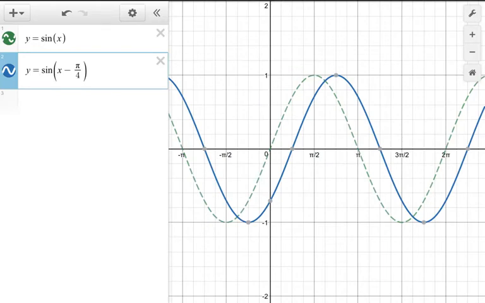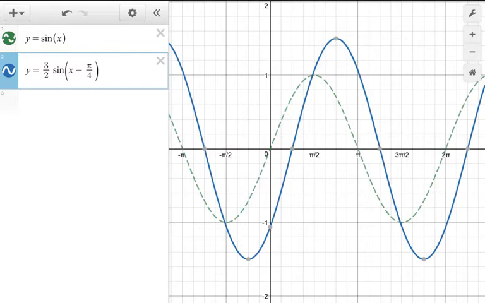Alright, so here's a shift of pi over 4 radians to the right because I've got subtraction inside of the parentheses. So we're seeing that all of those points are moving to the right. Now I'm going to combine some. So here's an amplitude of 3/2. That's 1.5.